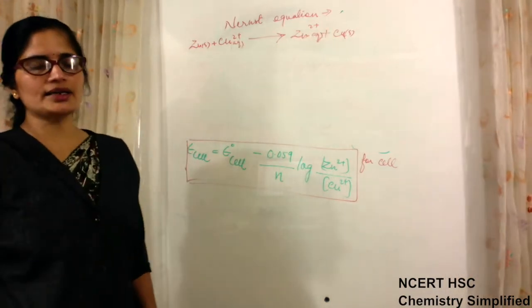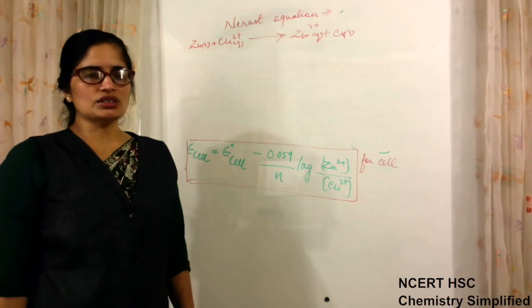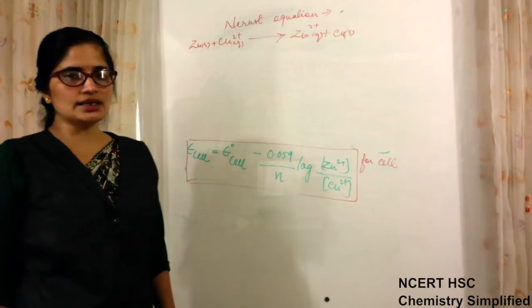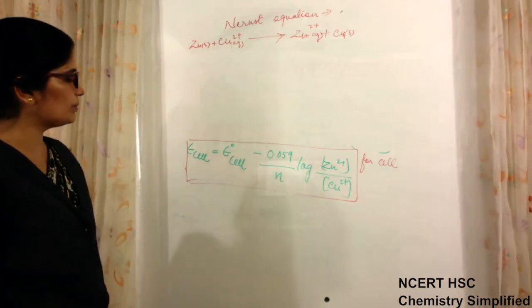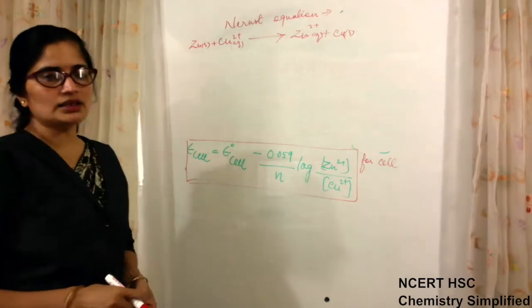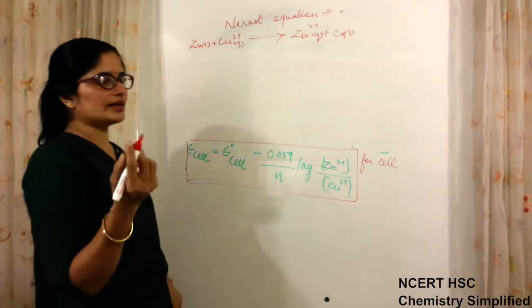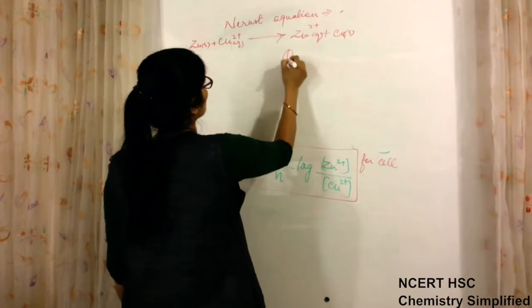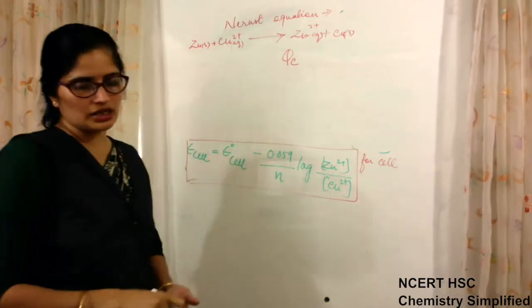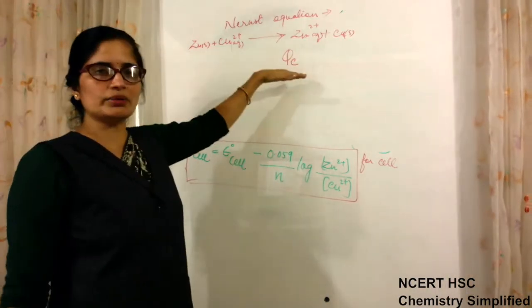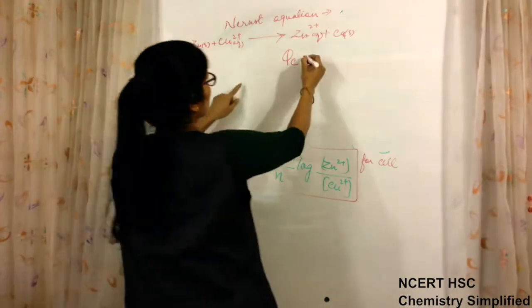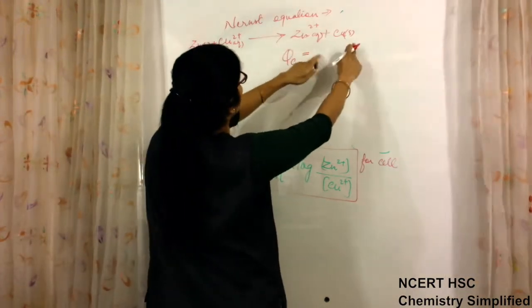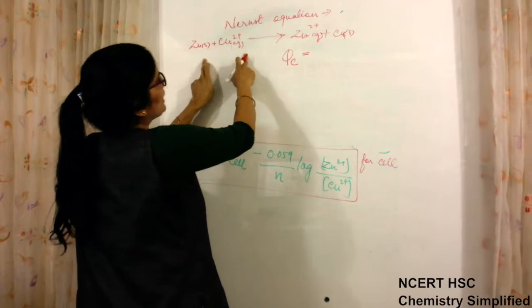Now if we write the equilibrium constant, but the equilibrium constant is there when the reaction has reached equilibrium. Other than that, we call it the reaction quotient, that is Qc. Kc is the equilibrium constant. Other than the equilibrium state, it is known as Qc, and Qc is also given by concentration of products upon concentration of reactants.